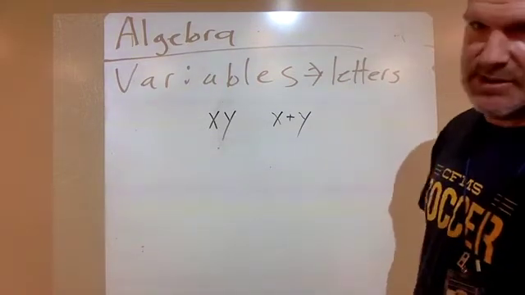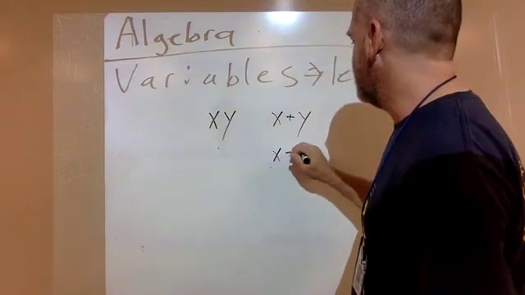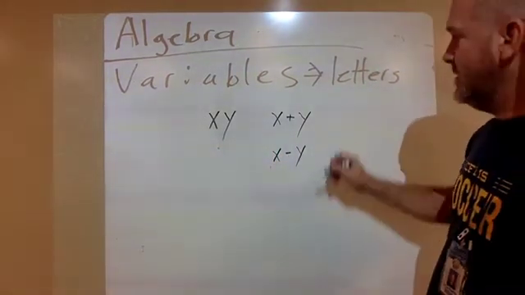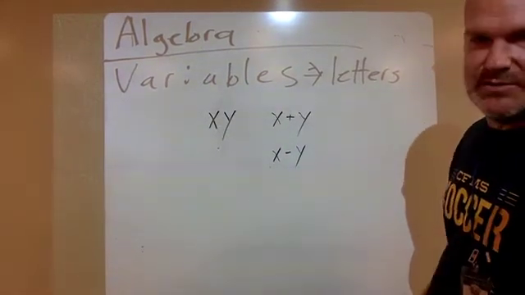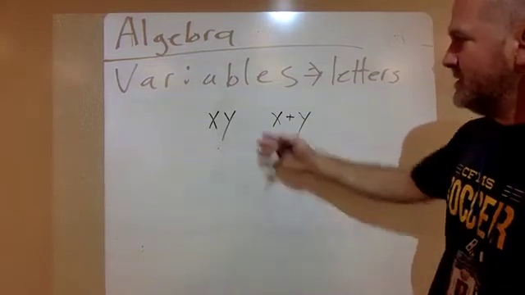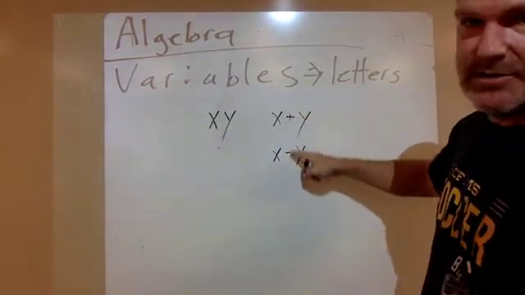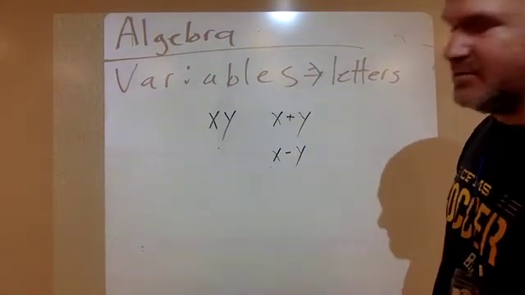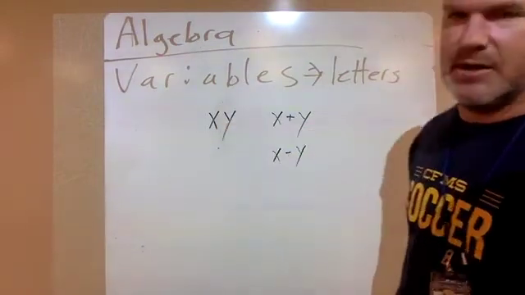It still means add. And same with subtract. Subtract does not evolve. It does not go away. So we don't have to make things more complicated by coming up with new symbols that mean add and subtract. Just multiply and divide. So if you don't see a plus or a minus in between your x and your y, or your a and your b, or your c and your q, whatever the letters may be, if there's nothing in between them, it means multiply.